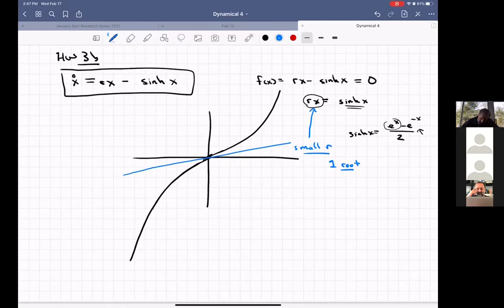Yep. But if R is larger, I'm going to get 3 roots. See, because there's 3 intersections of the black line and the blue curve. So this is some kind of pitchfork. Everybody buy that? Yep. Okay.